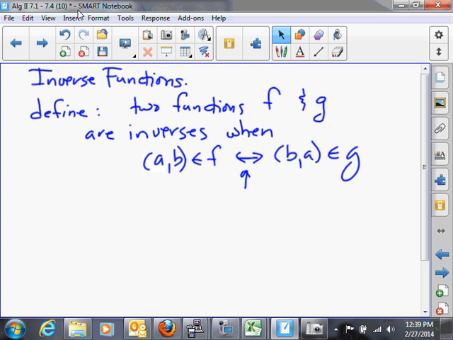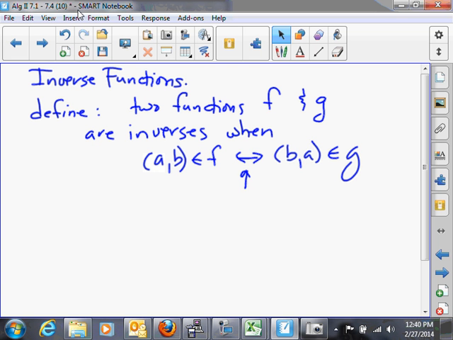Well, now that's really simple, silly, because all you have to do is take the ordered pairs in f and swap the x's and y's, and you'll get a set of ordered pairs that are the inverse of f. Now, sometimes the inverse of f may not be a function, and that's kind of an important distinction. We'll talk about that in this concept video also.